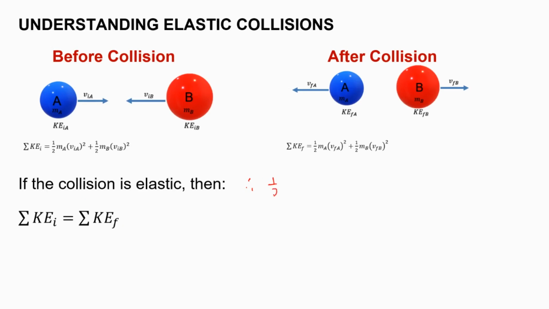Therefore, half m_A v_iA squared plus half m_B v_iB squared is equal to the total final kinetic energy: half m_A final velocity of A squared plus half m_B final velocity of B squared.